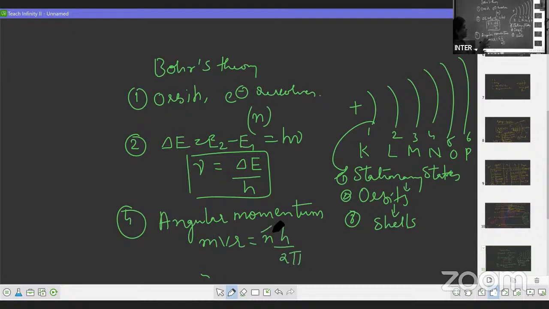Every particular object has its own angular momentum; all objects do not have the same angular momentum. So this is called quantization of angular momentum. Write all the points, and then only you get 4 marks.